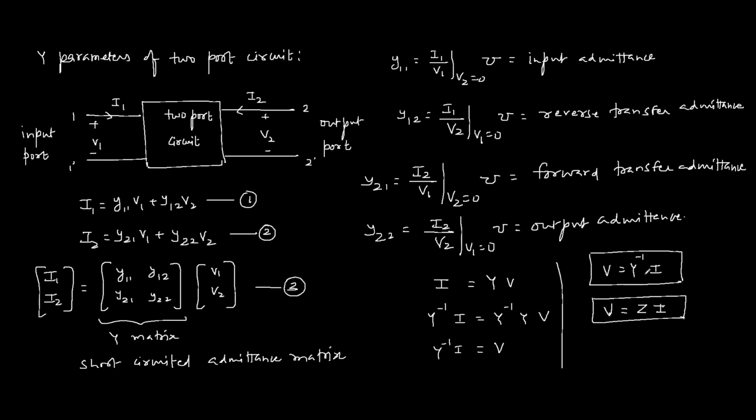So if I compare these two equations, then I can write Z matrix equal to inverse of Y matrix, or Y matrix is inverse of Z matrix. So let's do this conversion first. Z matrix is inverse of my Y matrix.